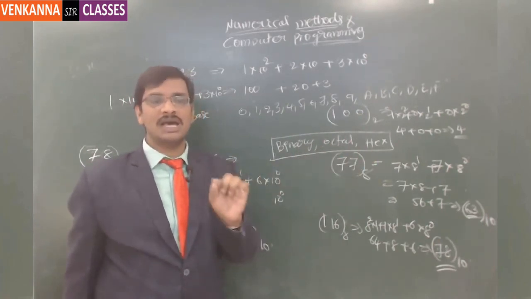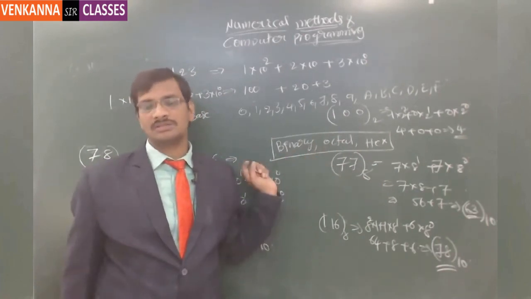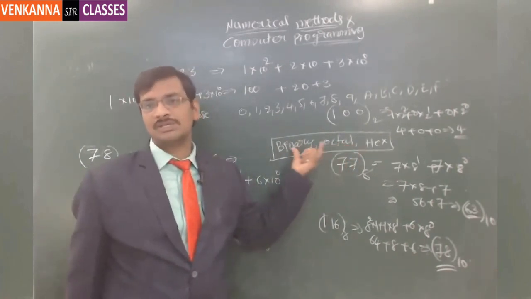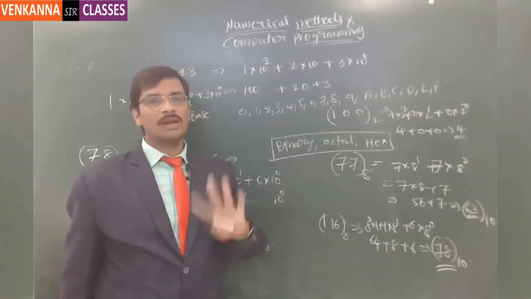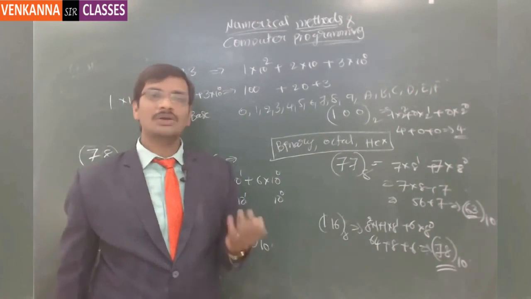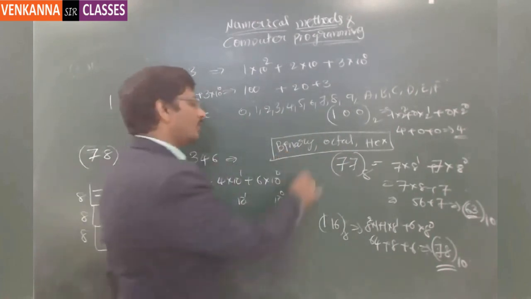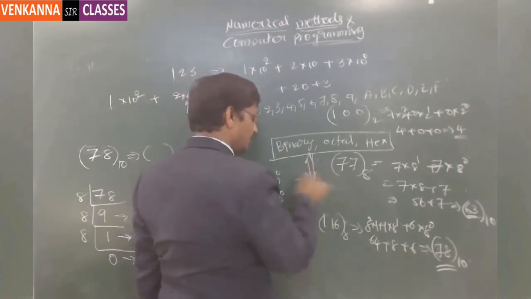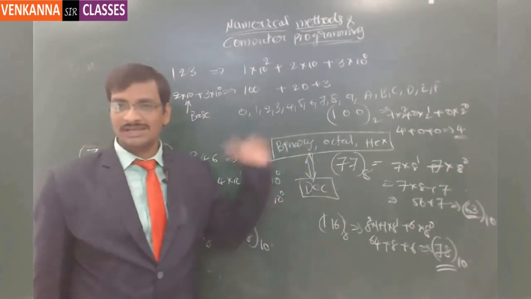It is as simple as just putting a comma to convert from one number system to another. That's why these are the 3 different number systems we use in computers. But for human understanding, decimal is far easier to understand because we got used to it, but the computer can understand binary. So you need to convert all these into decimal and decimal into those. Got it? This is the essence of that syllabus.